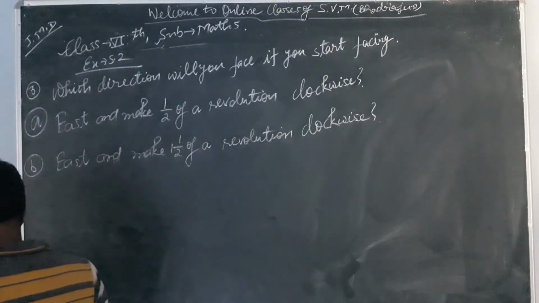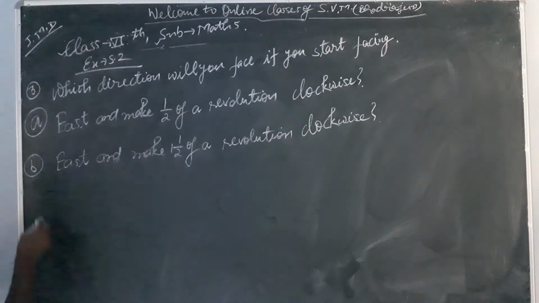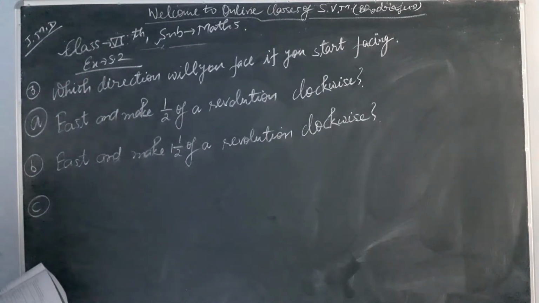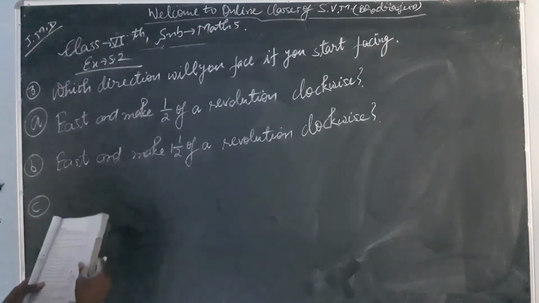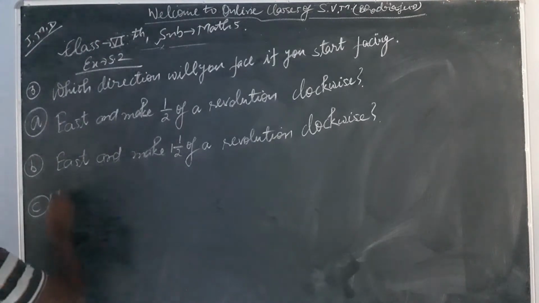Okay, this was part B, and C is what? C is west and make 3/4 of a revolution anti-clockwise.